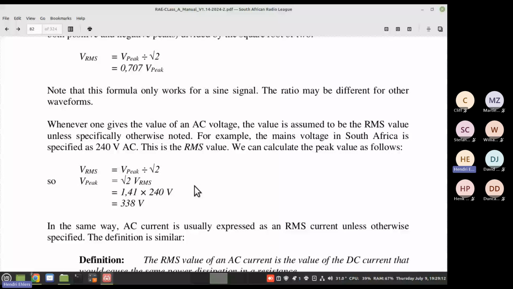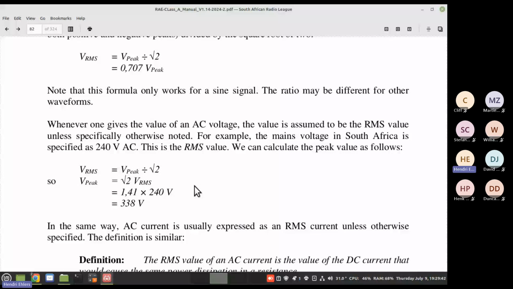Most multimeters measure the RMS value, and then you get some that say they measure the true RMS value, which you then pay a lot more for. But for all practical reasons, most multimeters are accurate enough unless you do very, very specific work.